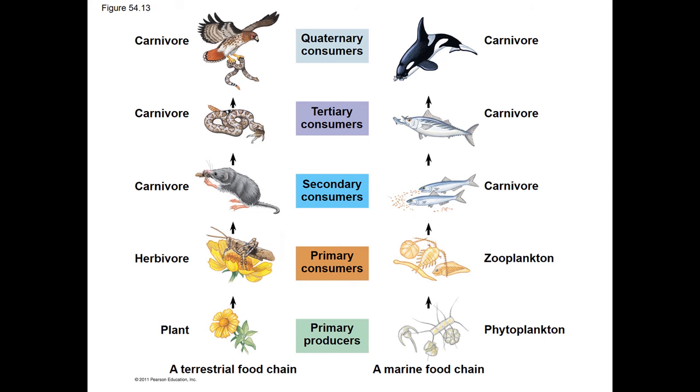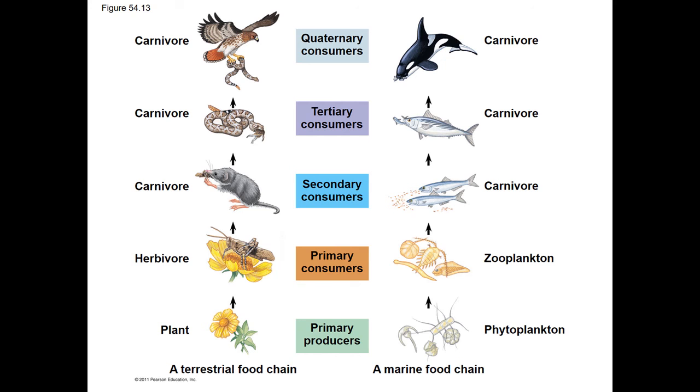Now, we also have a level above that, known as the tertiary consumers. This would be an even larger carnivore. So this would be some kind of bigger carnivore that eats the secondary consumer. So think of the snake that eats the mouse, that ate the insect that ate the plant.